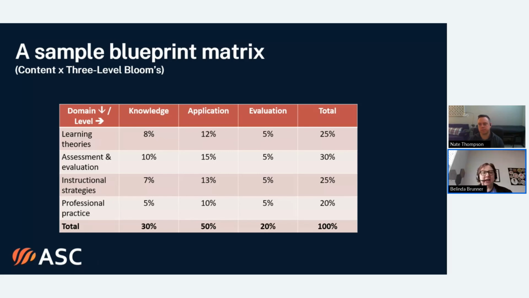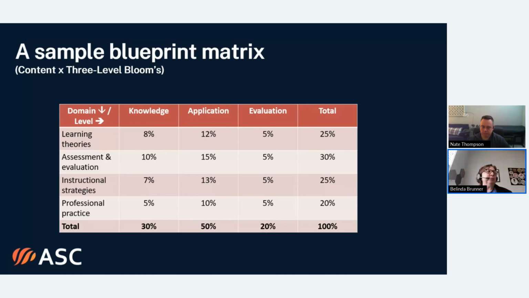Now, a long time ago, when I first got involved in assessment, the blueprint at the organization I was working at used this kind of blueprint. So they had domains and there were tasks under the domains as well. But then they also had for the blueprint what percentage of items for each of those areas were going to be written at recall, application, and I think ours were recall, application, and analysis.